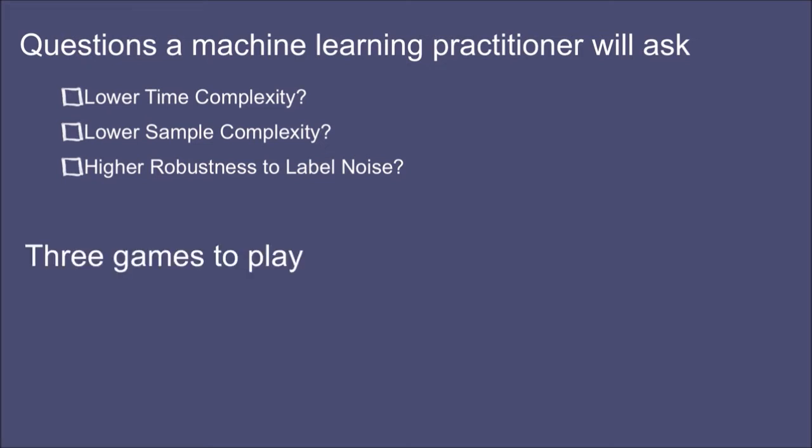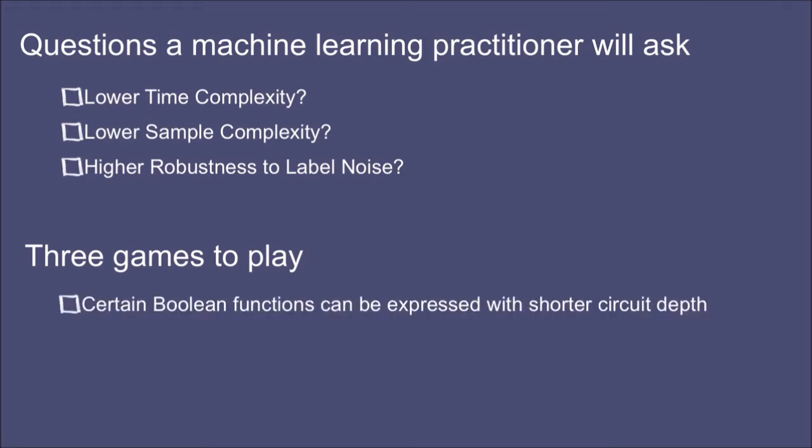And there are actually a number of new games to play when you consider quantum neural networks. For example, the question: can I get away with a shorter quantum neural network than what I would get away with classically? And the answer is probably yes, and I realize this is a bit of an arm-wavy answer, but you could formalize factoring as a decision problem.